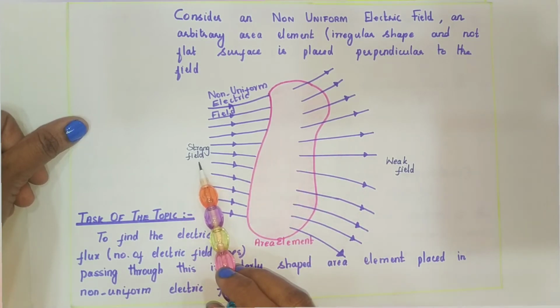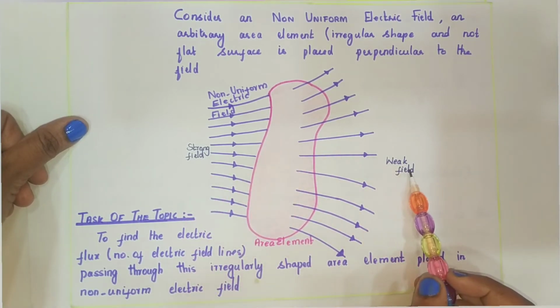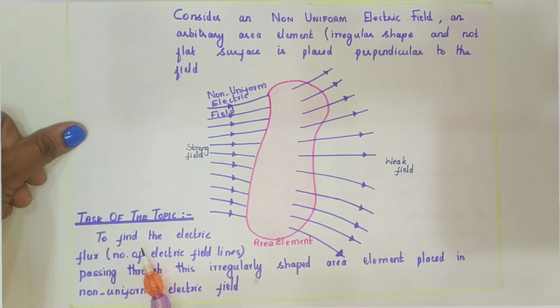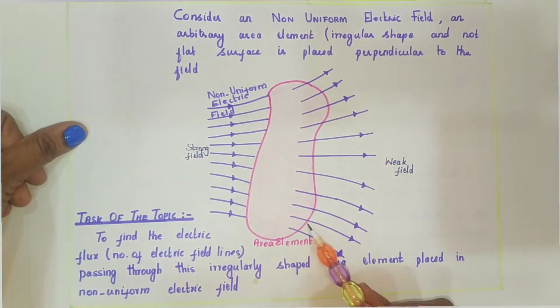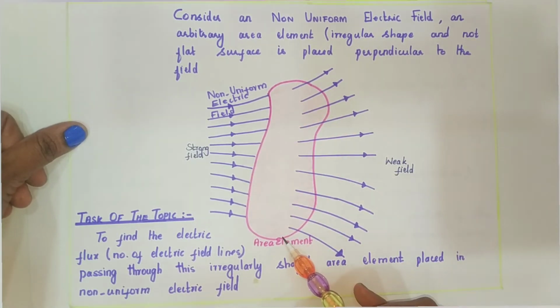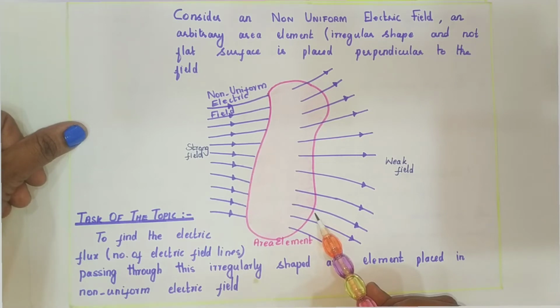Here the field lines are stronger and on the other side the field lines are too weak. And what's the task of our topic? We have to find the electric flux, that is the number of electric field lines passing through this irregularly shaped area element which is placed in a non-uniform electric field.